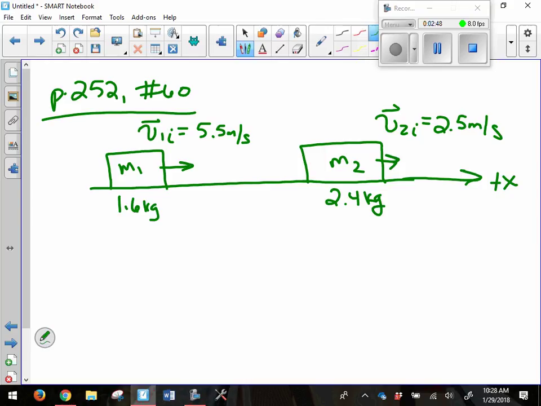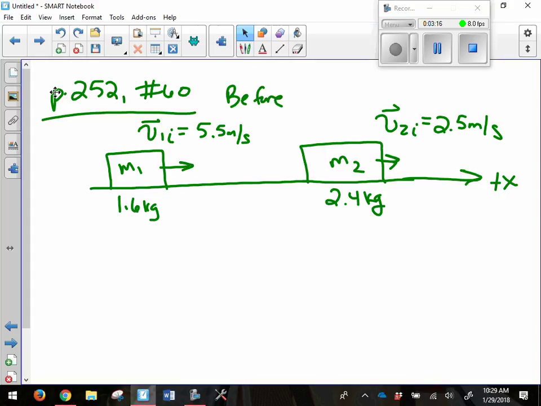Because what would happen if it had the same velocity as M2, or if it had a smaller velocity? They would never collide, and there would be no point. Yeah, if they had the same velocities, they would move together, and the distance between them would stay the same, or the distance between them would get farther apart. All right. So this is our before.